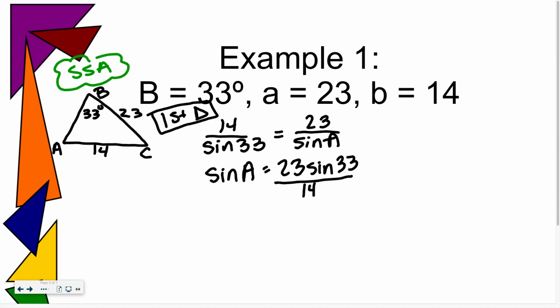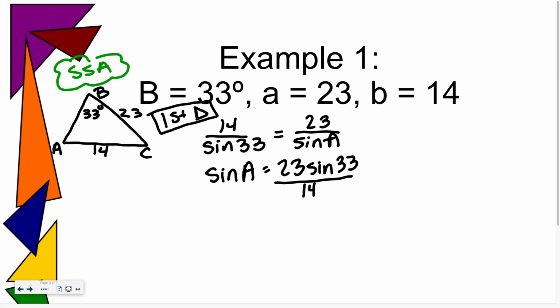And what will you have to do to actually solve for angle A? That will be the sine of A. How will you get angle A? In your calculator, how do you undo a sine? Use the inverse sine. Okay.